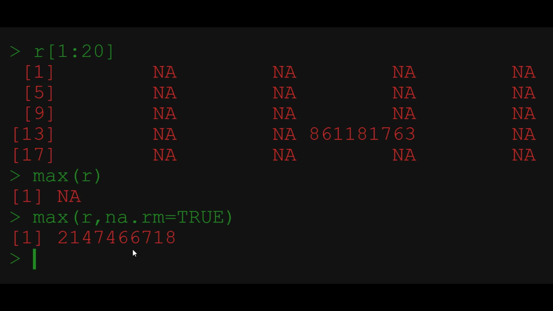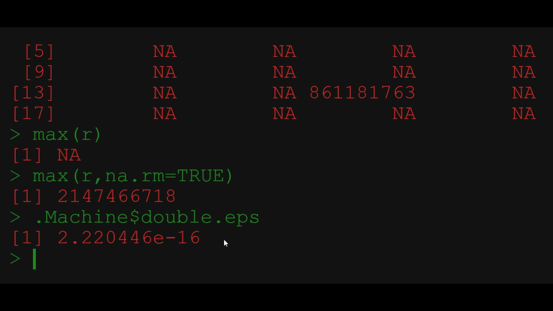To get this value in R, we write .Machine$double.eps. It is of the order of 10 to the power minus 16, so pretty small. However, since we can't have a probability smaller than this, we also can't go to infinity using R.